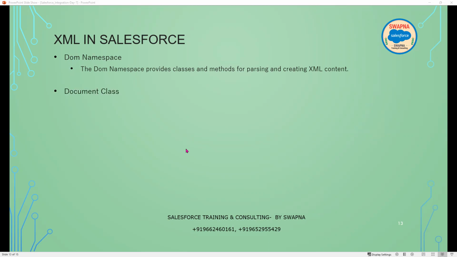Now, the first class we have is the Document class. Within the DOM namespace, we have one class called Document. Using this Document class, we can process the XML content. You can parse XML content up to 50 nodes deep. That means levels down in the nodes.